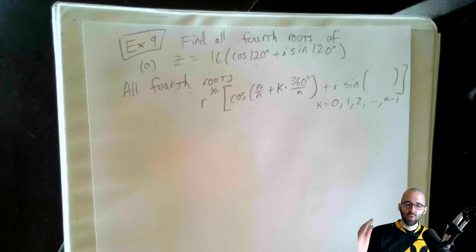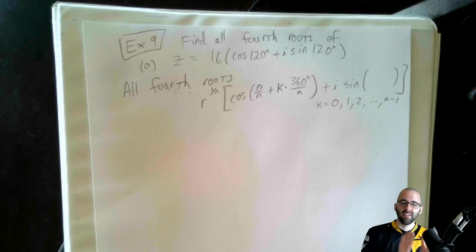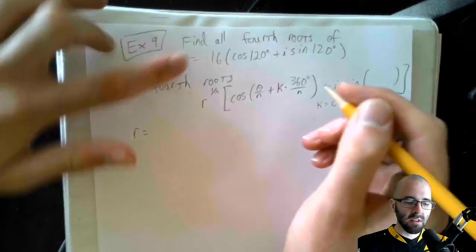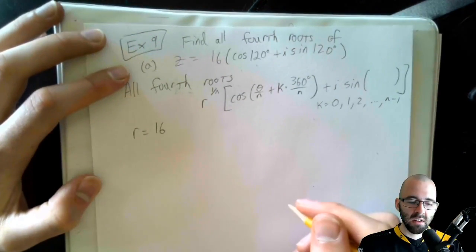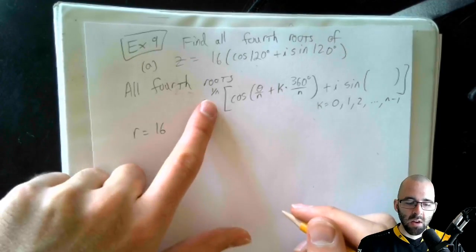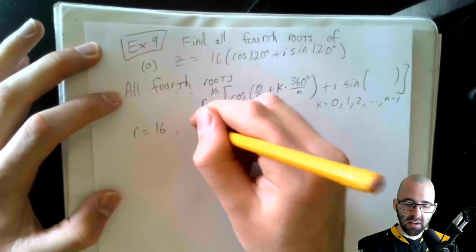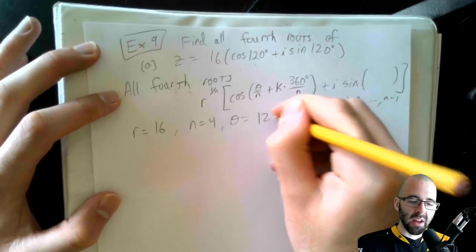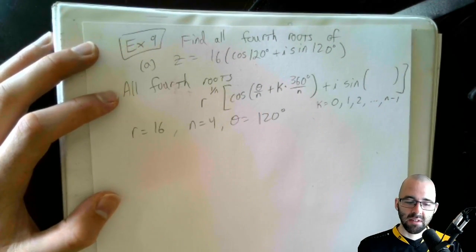So let's just write everything here. What is our r? Right? r is 16. What is our n? We want the fourth root. So n's going to be 4. Theta, we know that too. That's 120 degrees.